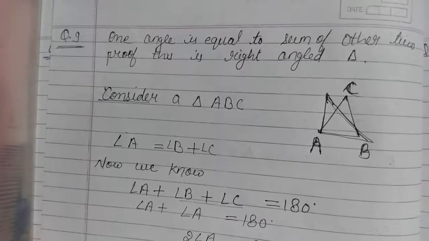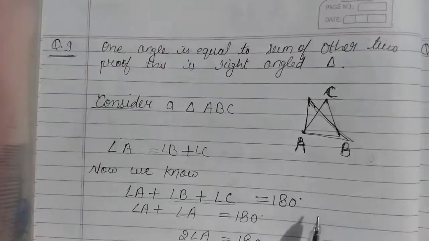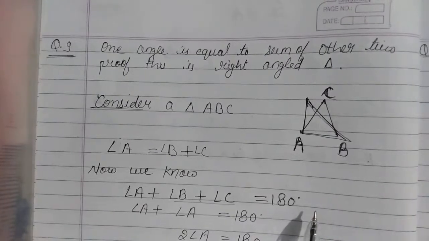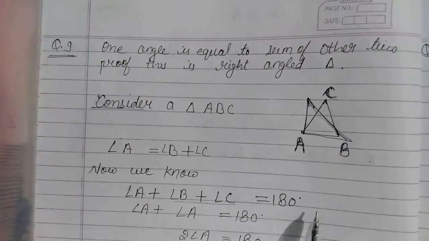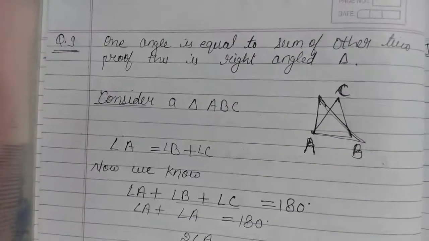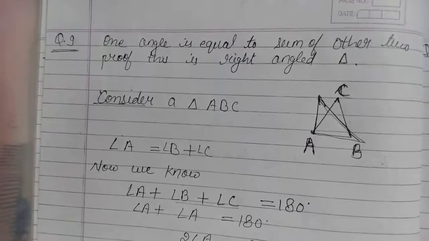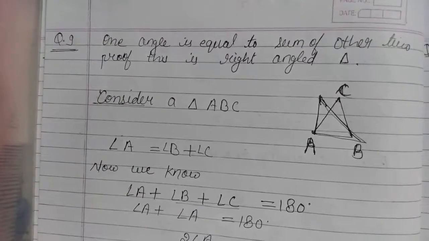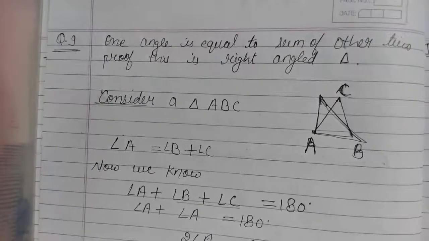Now question number 9 is: one angle is equal to the sum of the other two. Prove that this triangle is a right angled triangle. This is given, that the sum of two angles is equal to the third. Then we have to prove that this is a right angled triangle.